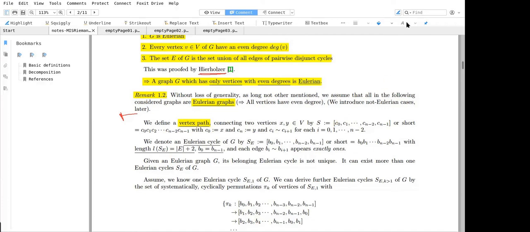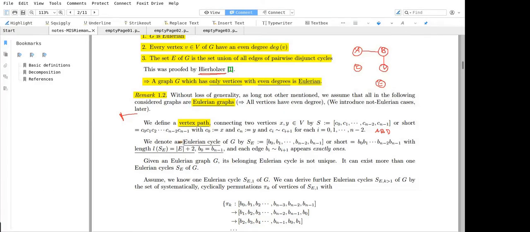So let's look at a simple example of a graph with vertices A, B, C, D, E. Let's say we go from A to B and from B to D. Then we would simply write A, B, D. So that's it.